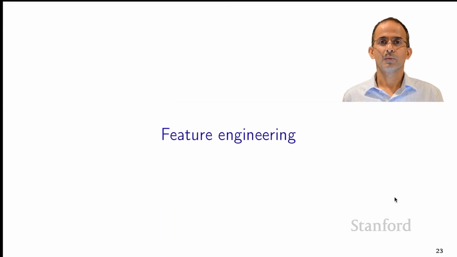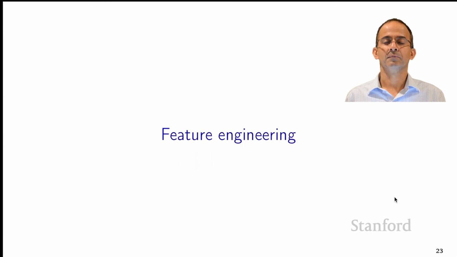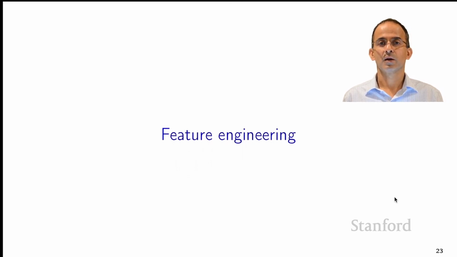So I want to talk right now about feature engineering. This is the next stage after embedding. In embedding, we're starting with raw data, and we are putting that data into a vector space so that we can use mathematics to develop machine learning algorithms.